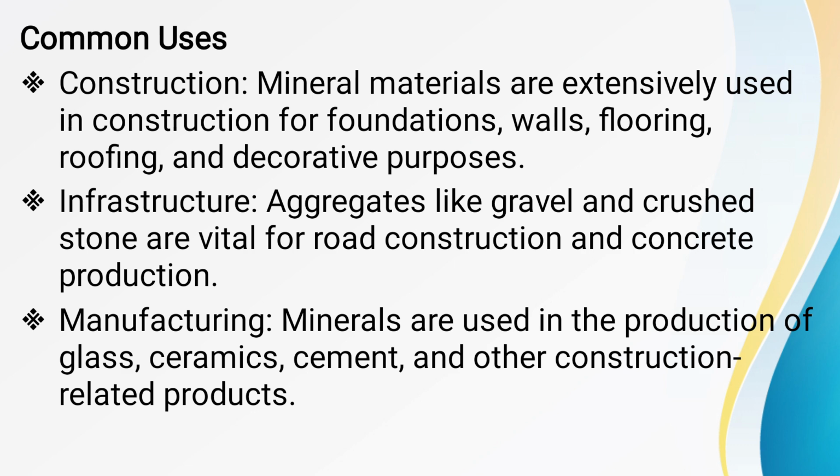Materials are used in production of glass. For glass, we have materials such as limestone, soda ash. We have ceramics that are made from clay. We have cement, which is made from limestone, and other products that are used in construction that are produced from minerals.